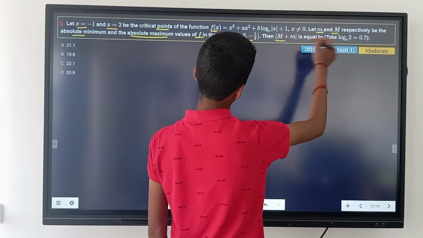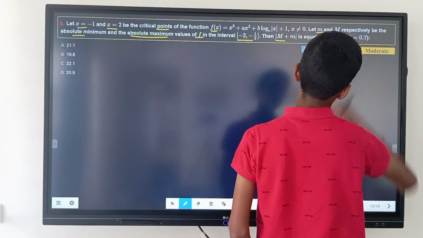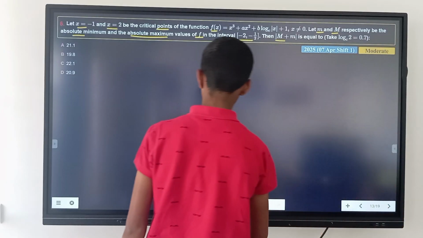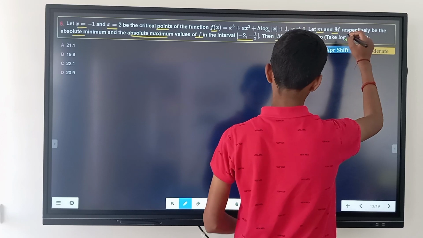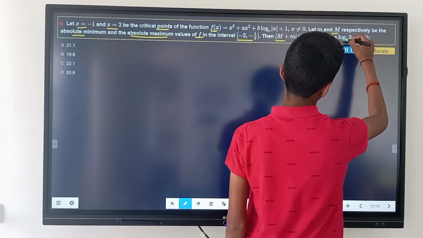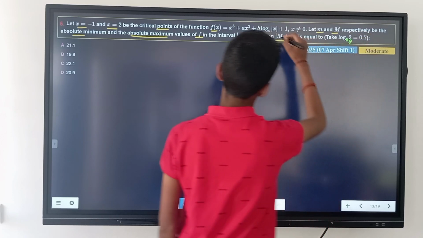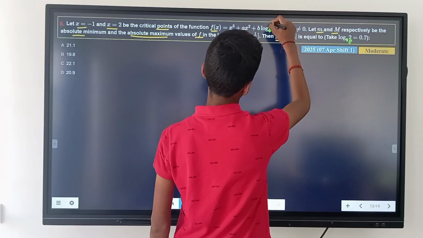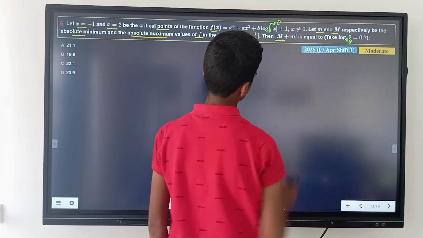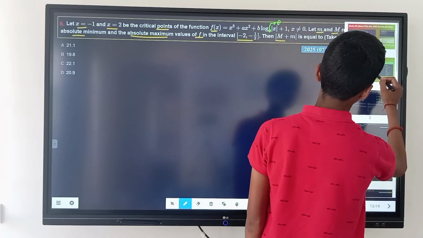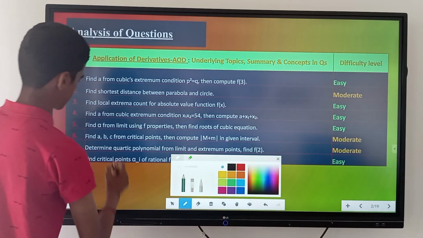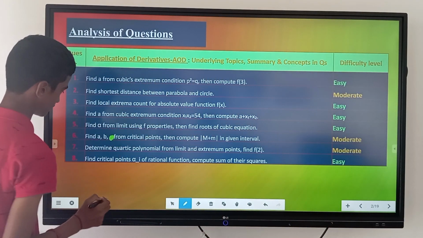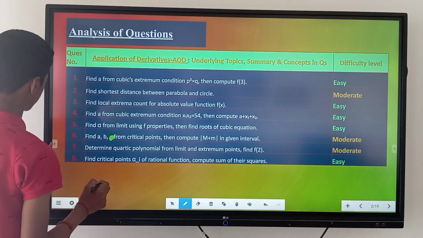Then we have to find the value of this expression, and this is not C here, this is E. Here also we don't have C, this is E. Let me check in the second page. Yes, here we have A, B and C. We have no C. We need to find A and B.